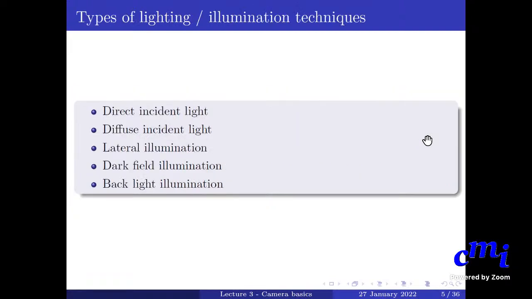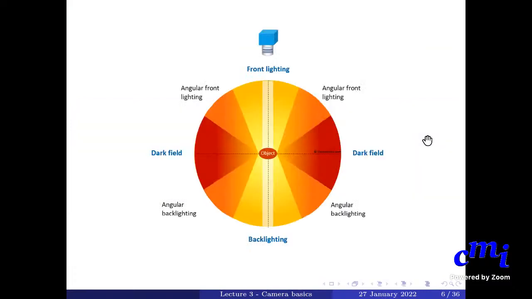When one talks about lighting, there are various kinds of lights. We will see one diagram which demonstrates all of these. The object here is in the center and it's facing north. Front lighting is when the light falls directly on the object.